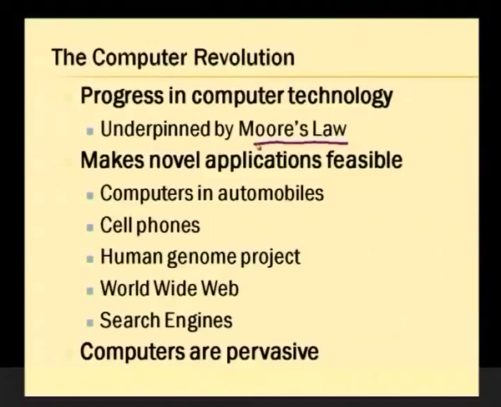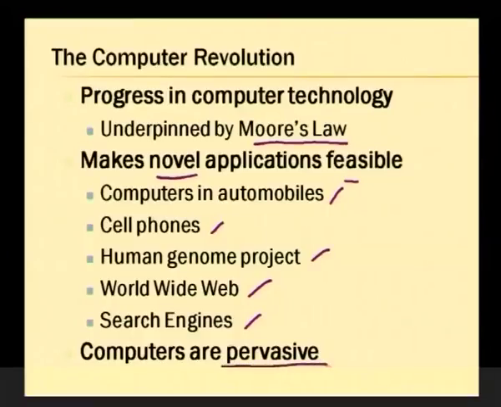What has happened because of that is many novel applications have now become feasible. These are things that you are probably aware of. We now have computers in automobiles, we have computers in cell phones. The Human Genome Project has been facilitated by the development of computers. The World Wide Web, which we are using every day, and search engines, which have become a part of our lives, have all been facilitated by the revolution that has taken place with respect to computer technology.